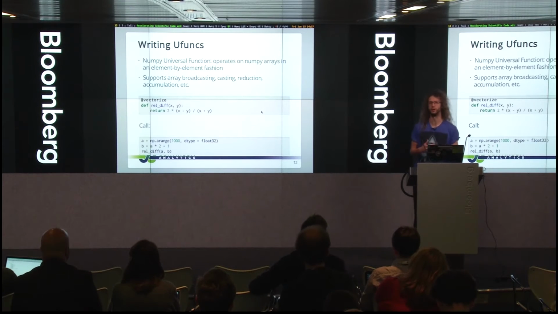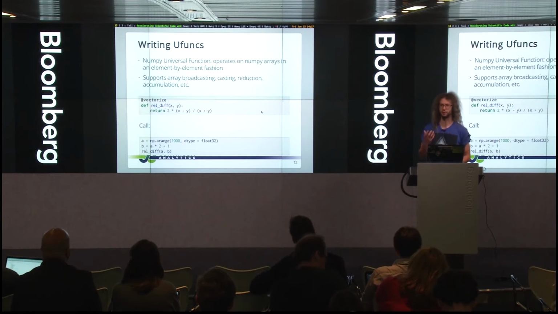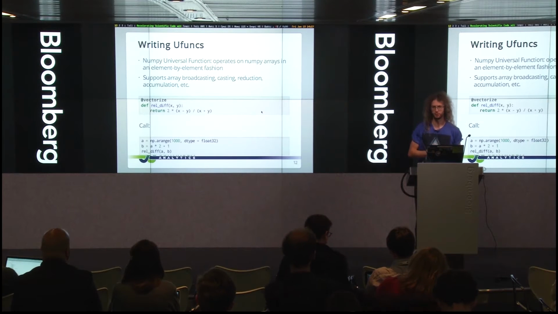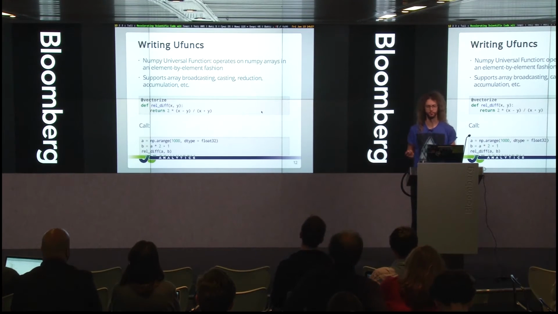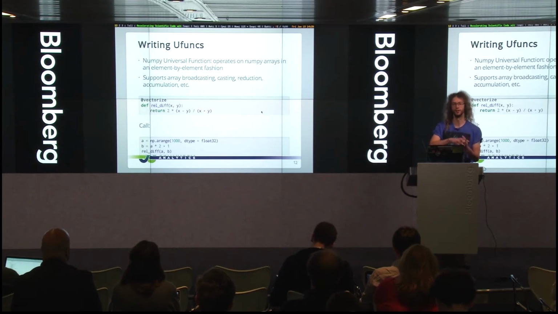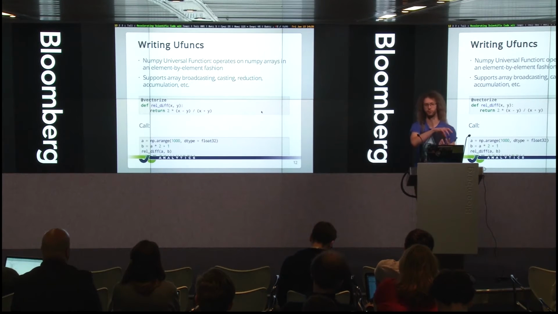So I've talked about one way of using Numba, which is to use the JIT decorator. The other way in which you can use it is to write NumPy universal functions, or ufuncs, in Python. So if you're not familiar with what a ufunc is, essentially it's a scalar function that can be applied element-wise to array arguments by NumPy.